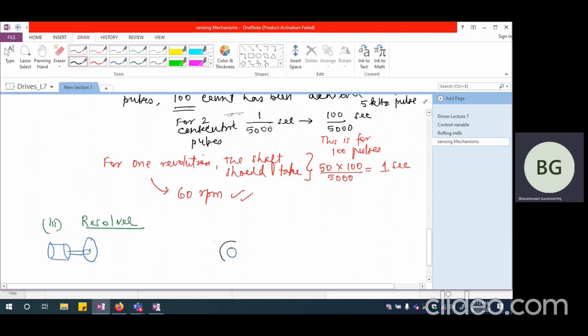I'm going to have one concentric circle here, a second concentric circle here, and a third concentric circle here. So this is the entire disk. Now I'm going to divide this, for example, into 8 portions. So let me draw one portion like this. This is the second portion.